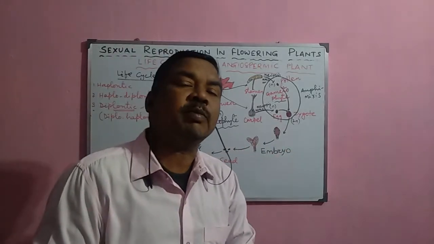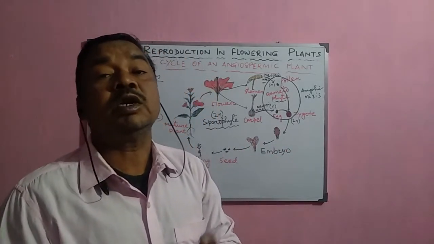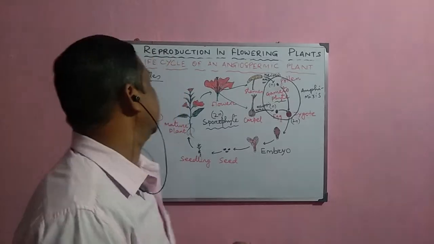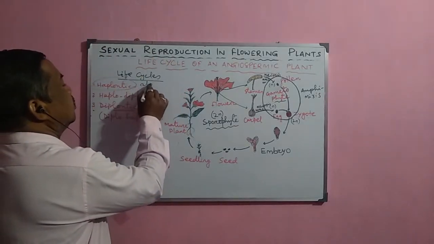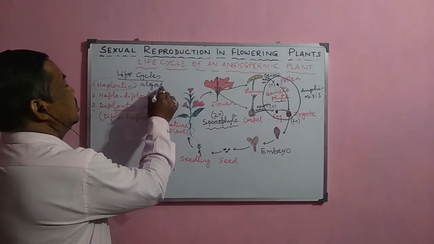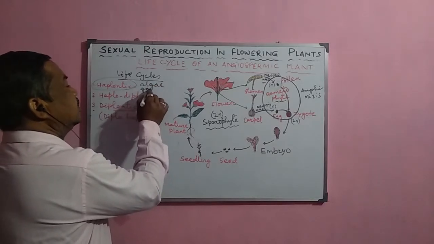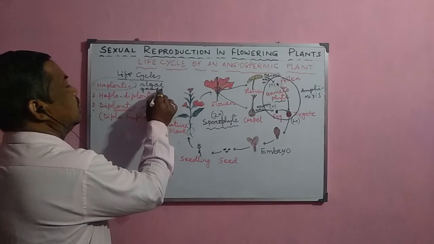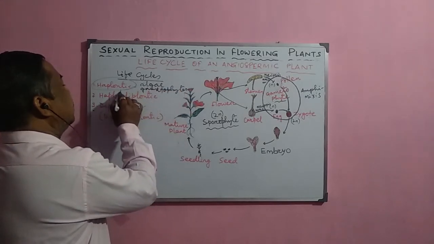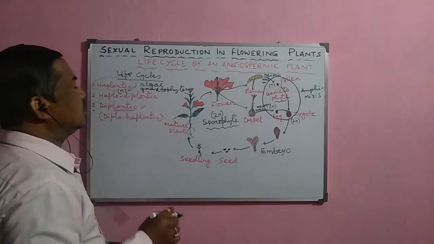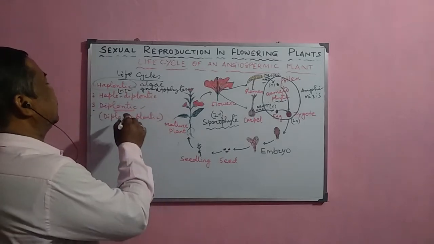There are different types of life cycles we observe in different groups of plants. For example, the haplontic life cycle, which normally occurs in lower plants like algae. In Chlamydomonas, the gametophyte is haploid, or n type, so that is why the haplontic life cycle is observed there.